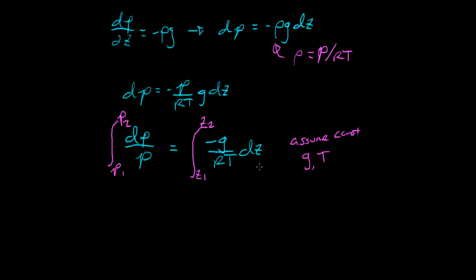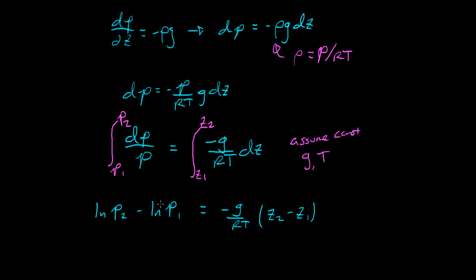And so what that lets us do is pop these things out. On the left-hand side, the integral of dp over p, well, that's just the natural log of p2 minus the natural log of p1. And on the right-hand side, we're left with minus g over RT. Those all pulled out of the integral, and then you're just left with the integral of dz, which is z2 minus z1.